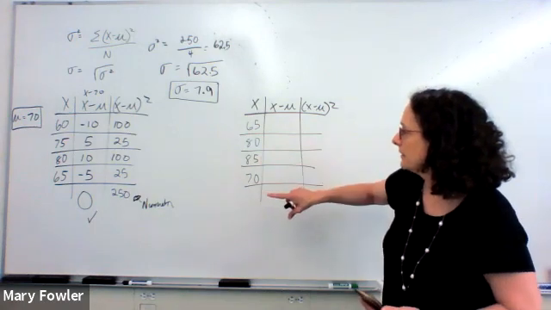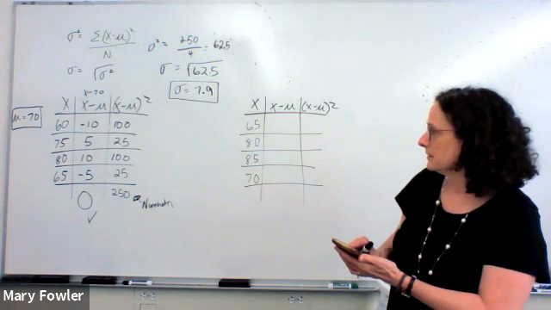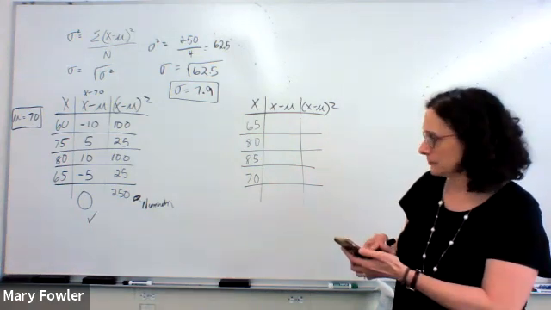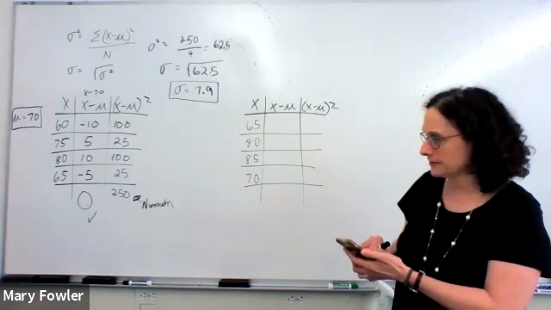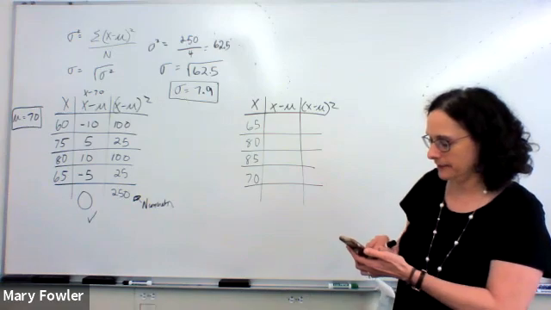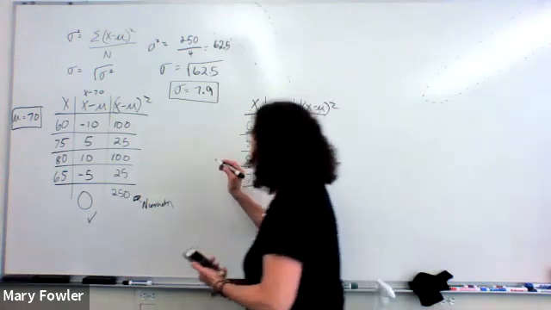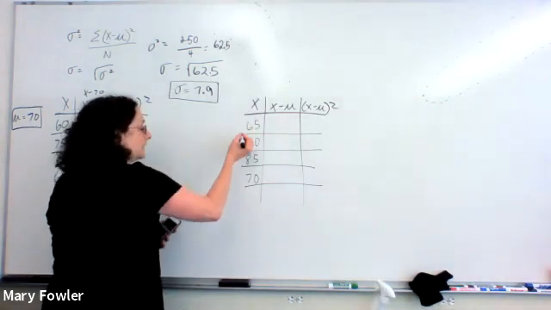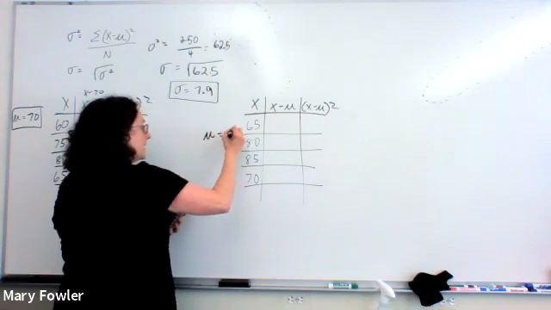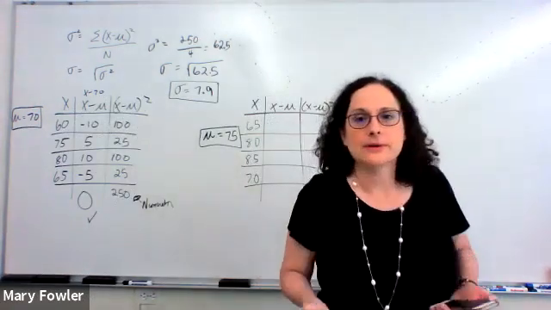Take a moment. If you already have a guess, good, write it down and then calculate it out. My new mean is, I added all of these up and divided by 4, and my new mean is 75. So what happened?